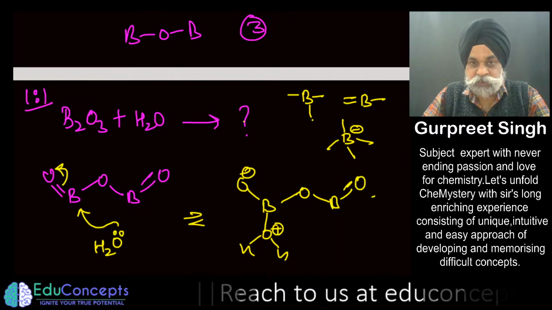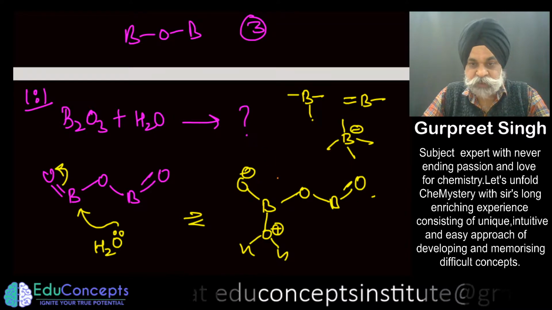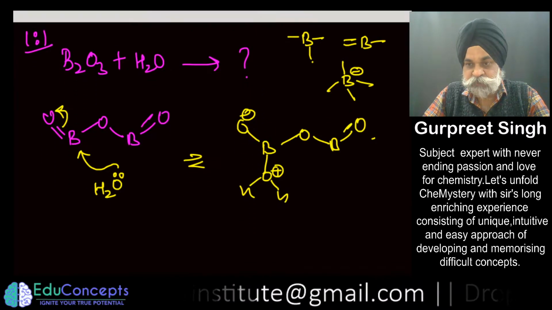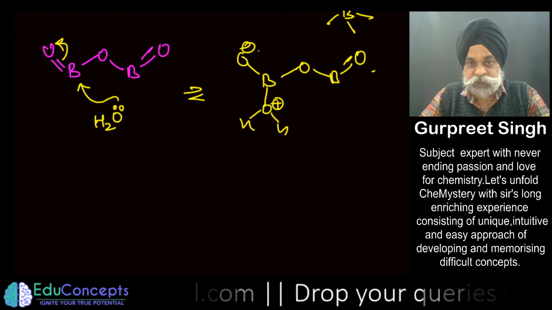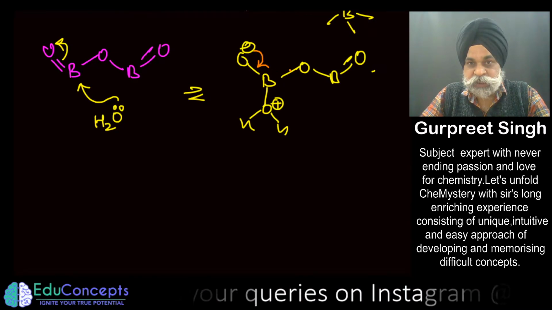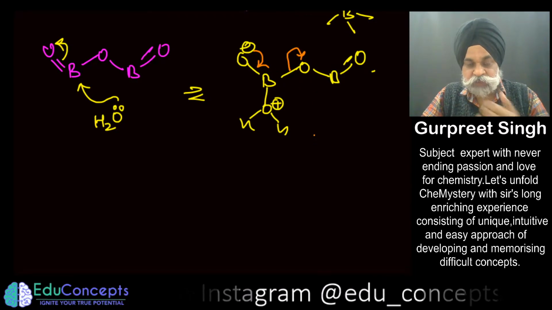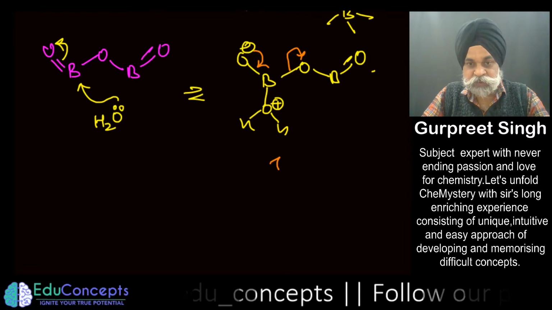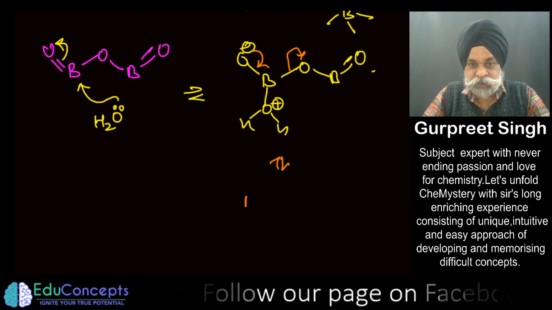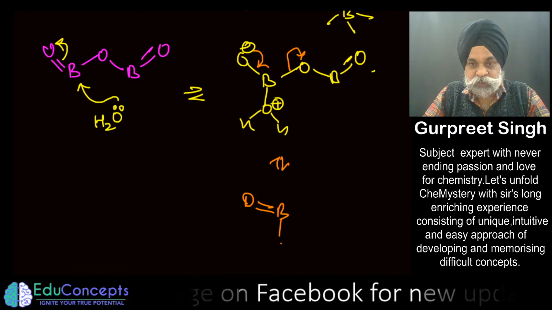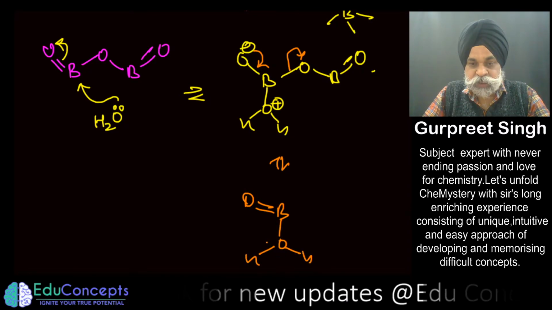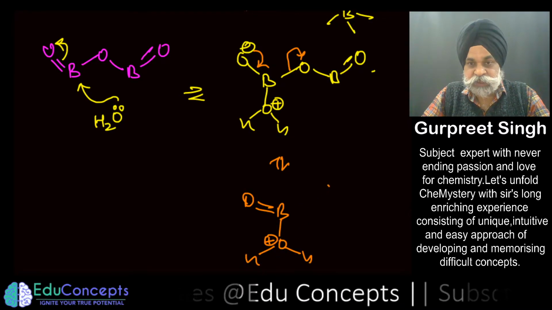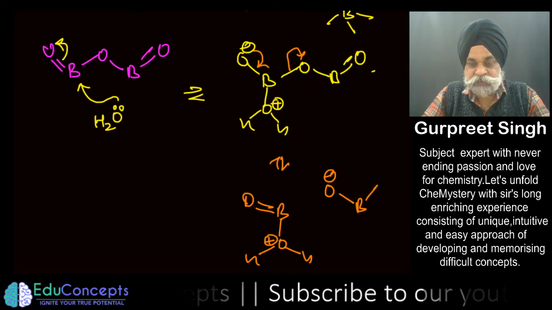Now, just the way you do by the organic viewpoint, this would come down and this will open up, and this now would get a negative charge, and now I shall write OBOH, with this having a positive charge and this having a negative charge.